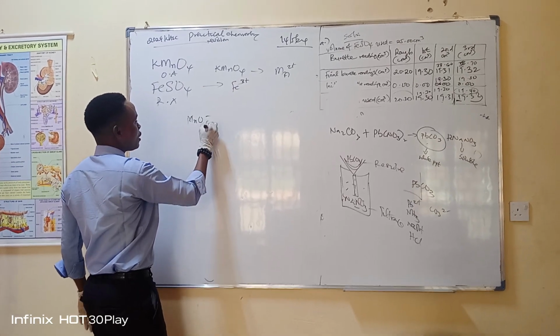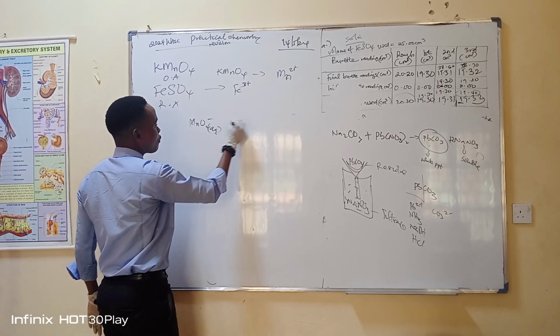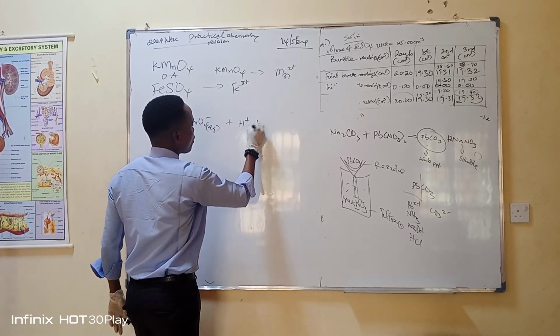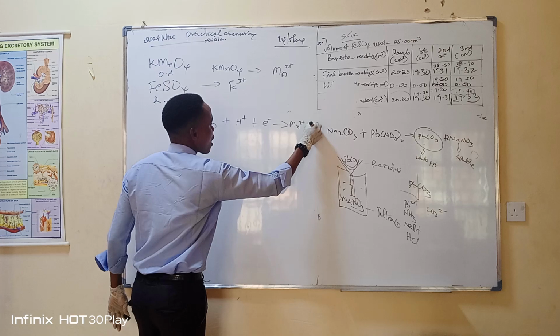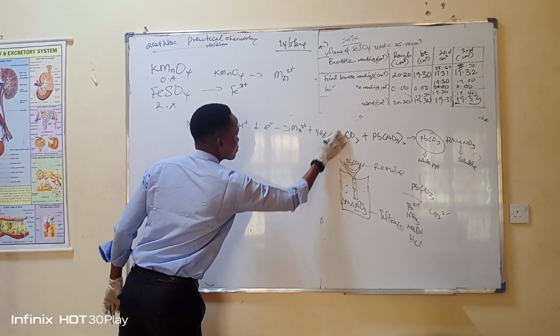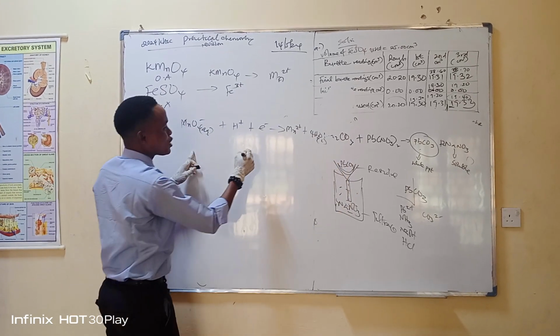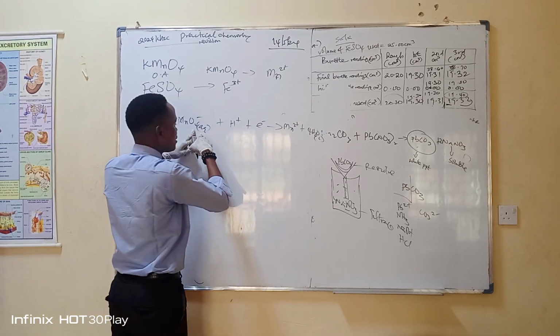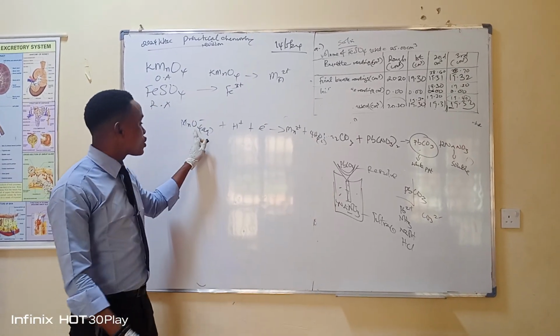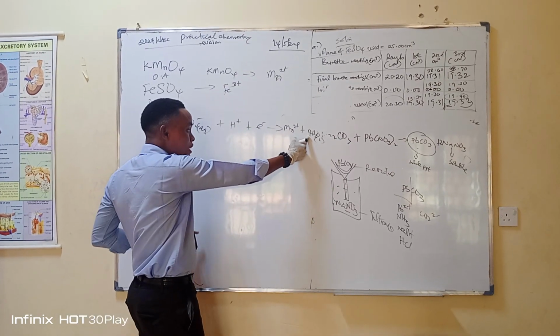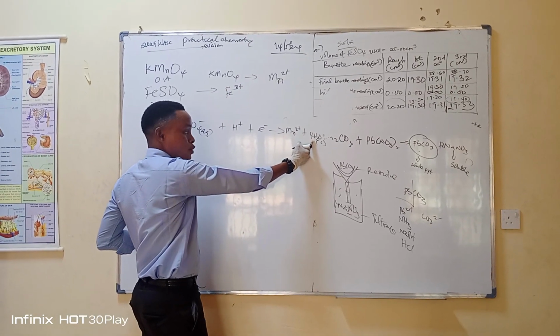That will be between MnO4 minus in acidic medium plus hydrogen ion plus electron, then Mn2 plus and water molecule. Then balancing this equation, you balance the number of water with the number of oxygen atoms you have here, and that will increase the number of hydrogen ions to 8.